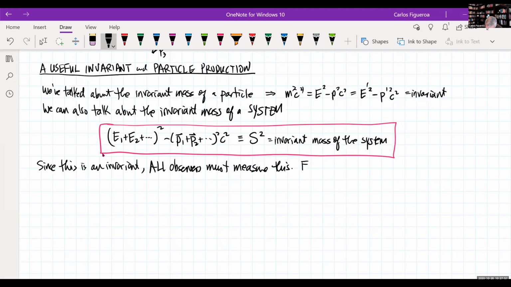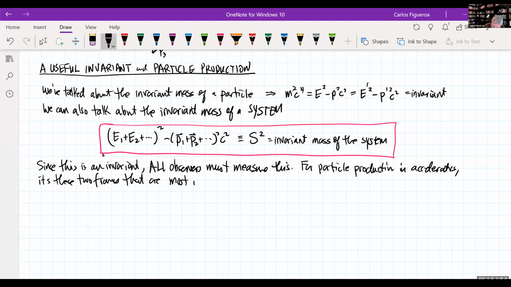So for particle production in accelerators, it's these two frames that are most useful. You don't have to pick these two frames, but they're the two most useful frames.